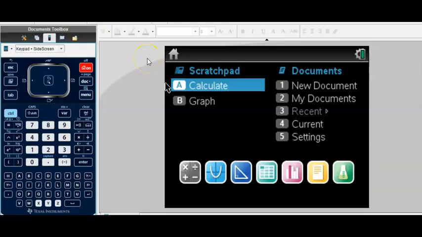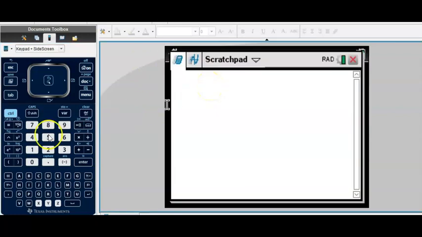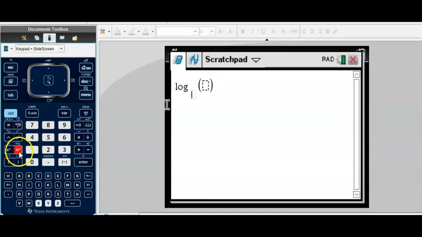On your TI Inspire, you could just go to calculate and then control 10 to the x, which will give you log, and then type in your numbers. Log base 3 of 243. Enter. So we get 5 here.